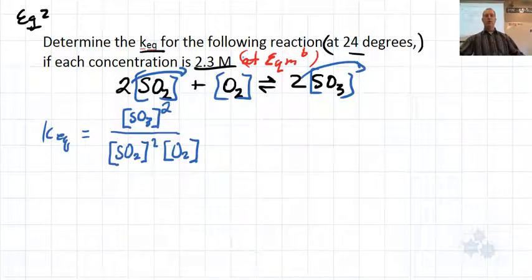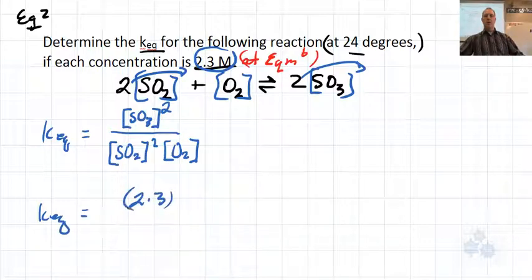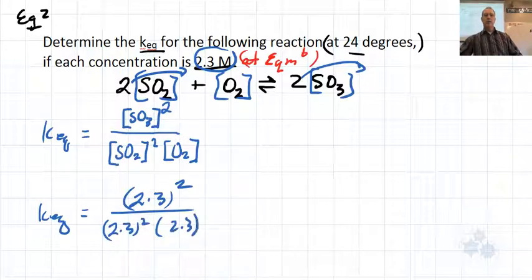Okay. So now we're given the concentration of each. So this KEQ is going to come from this, 2.3. Now you can dump the square brackets once you fill a value in, because the concentration of 2.3 doesn't make sense. 2.3 is the concentration, so you can dump the square brackets. All right, and over here again, 2.3 times 2.3.